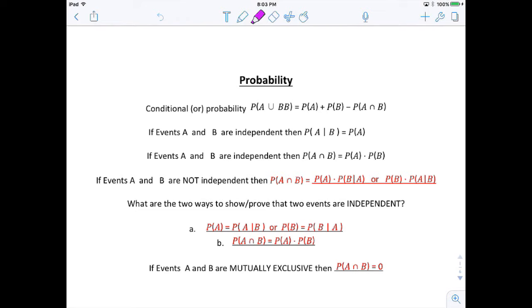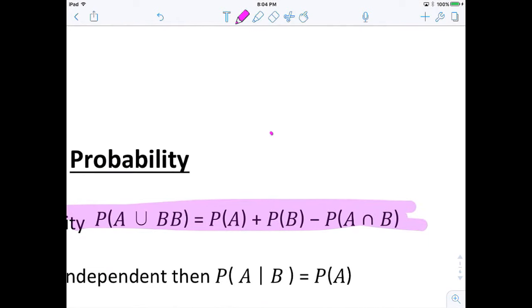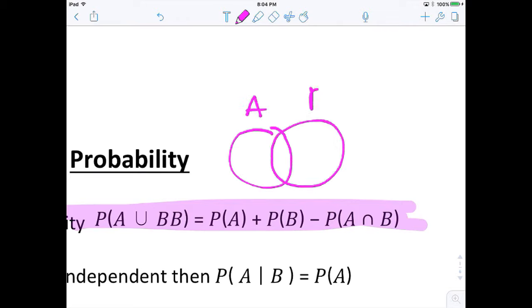The probability of A or B is the probability of A plus the probability of B minus the probability of A and B. So what this is saying is the probability of A union B, which is OR, so that's this whole thing. That's A or B, is the probability of A, that whole circle, plus the probability of B, that whole circle.